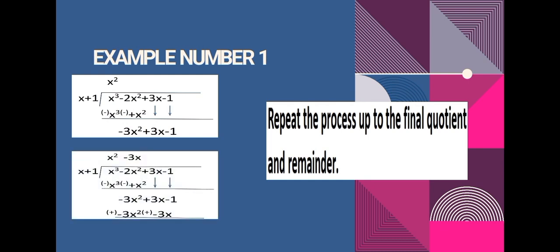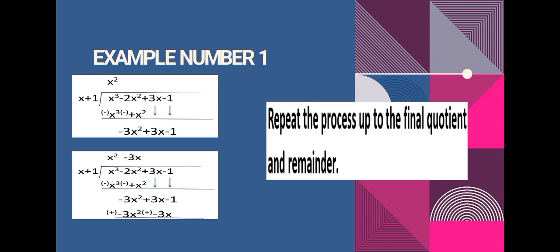And now let's multiply negative 3x to the divisor. So negative 3x times x is equal to negative 3x squared, and negative 3x times 1 is equal to negative 3x.